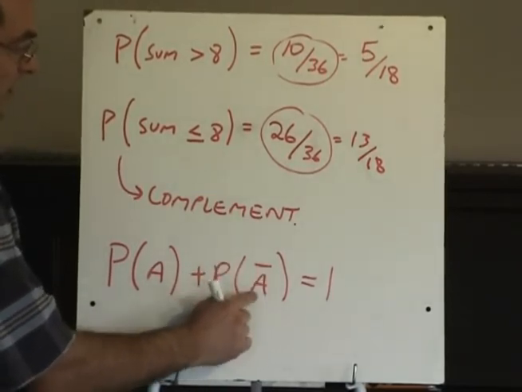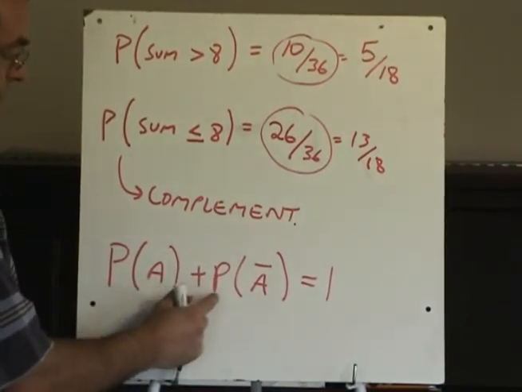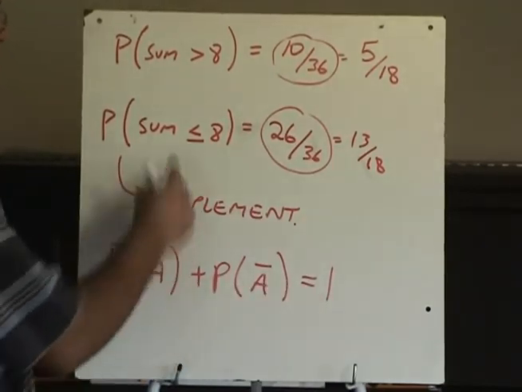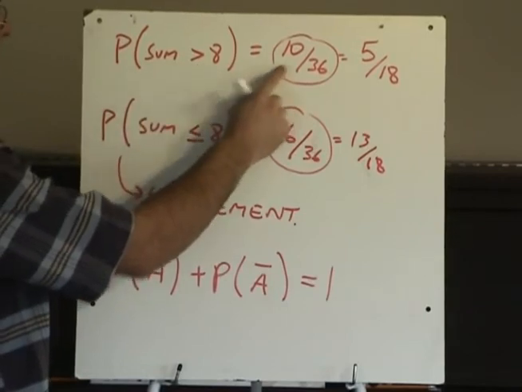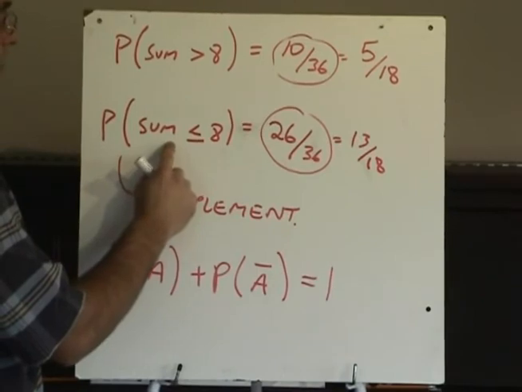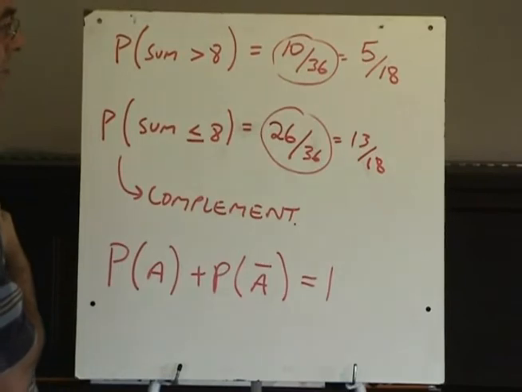This means the probability that A did not happen. So the probability that A happens plus the probability that A does not happen will always have to equal 1. In our example, the probability that the sum was greater than 8, 10 out of 36, plus the probability that the sum is less than or equal to 8, 26 out of 36, these two probabilities add to 1.